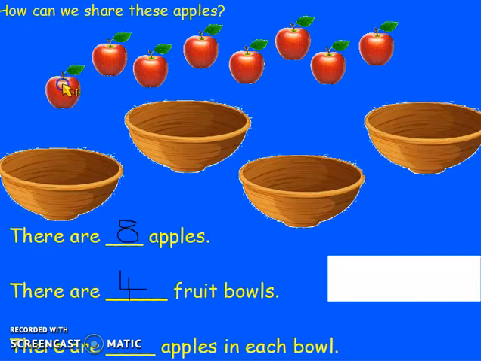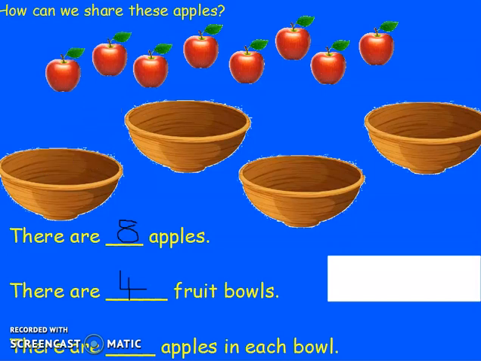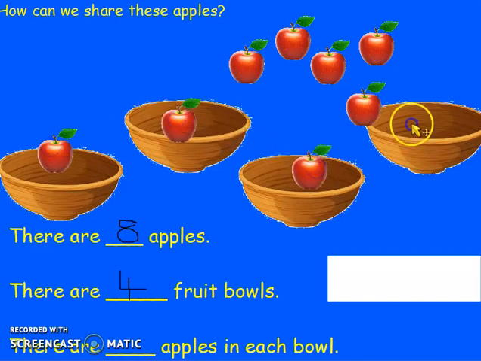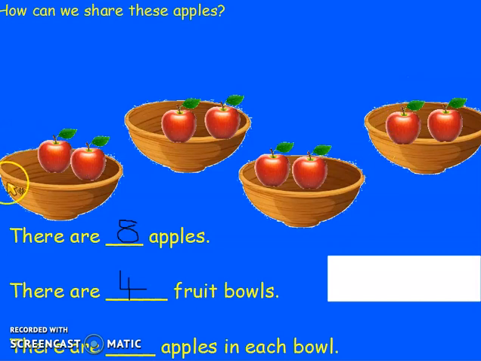So remember, do we go like this? No, that's silly. We go 1 in each one at a time. Well done. So there's 1 in each one. Let's go back and do the other one. Fantastic. They have been shared equally. So each bowl has the same amount. So how many apples are in each bowl?